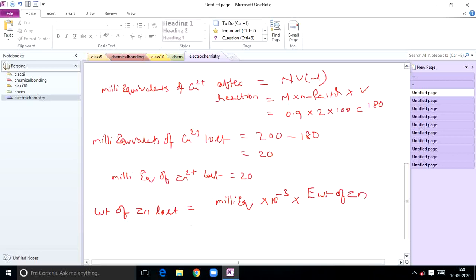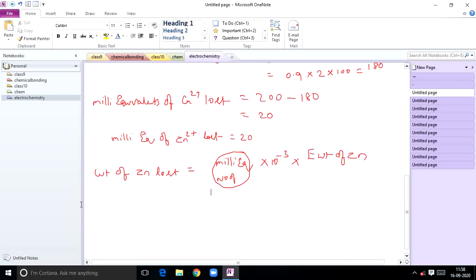How you got this formula? That is actually you have to calculate the weight of zinc. So this is number of milliequivalents. So you have to apply that formula. Number of milliequivalents is equal to weight by gram equivalent weight. So finally weight, if you want to calculate, this is the relation.